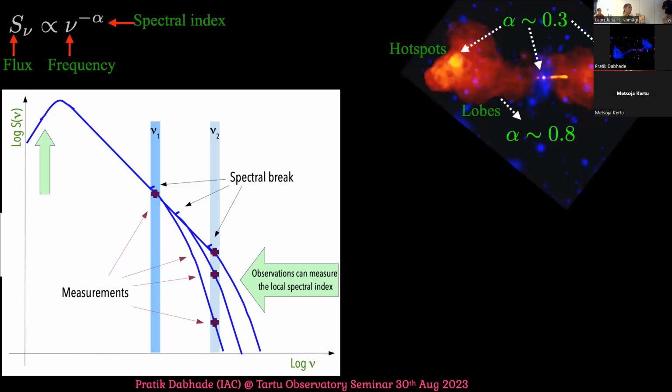So the older the plasma, the steeper the spectral index and lower the break frequency. In other words, a newer or younger source will have break frequency at very high frequencies. By higher I mean gigahertz frequencies. But if it's a really old source, it will have a very steep spectral index and its break frequency will be on the scale of megahertz, like 200 megahertz or 100 and so.